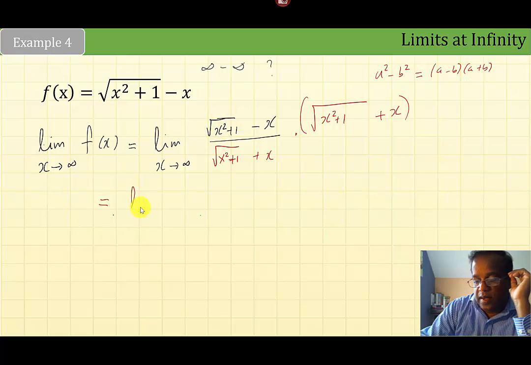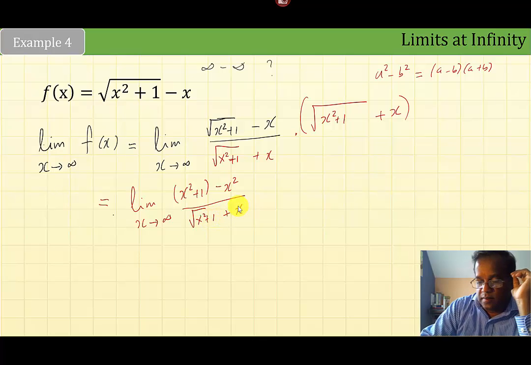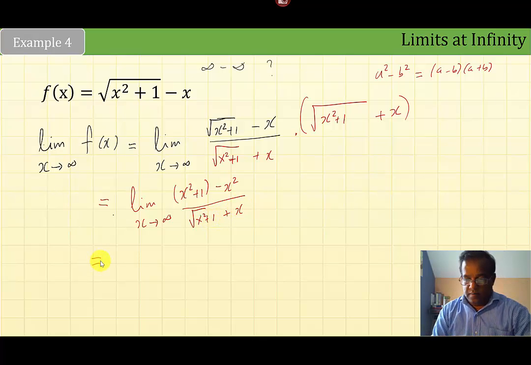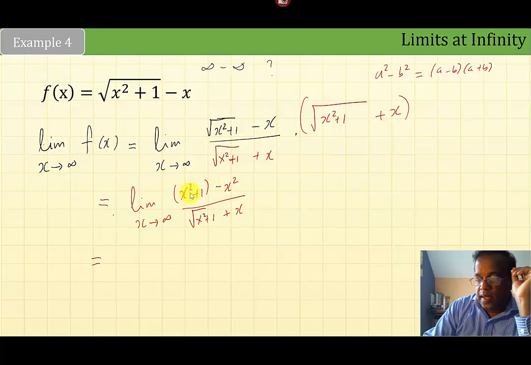So a squared means the square of this. That means we get the limit as x approaches infinity of x squared plus 1 minus b squared, where b is this one, minus x squared, over square root of x squared plus 1 plus x. So now x squared cancels out.